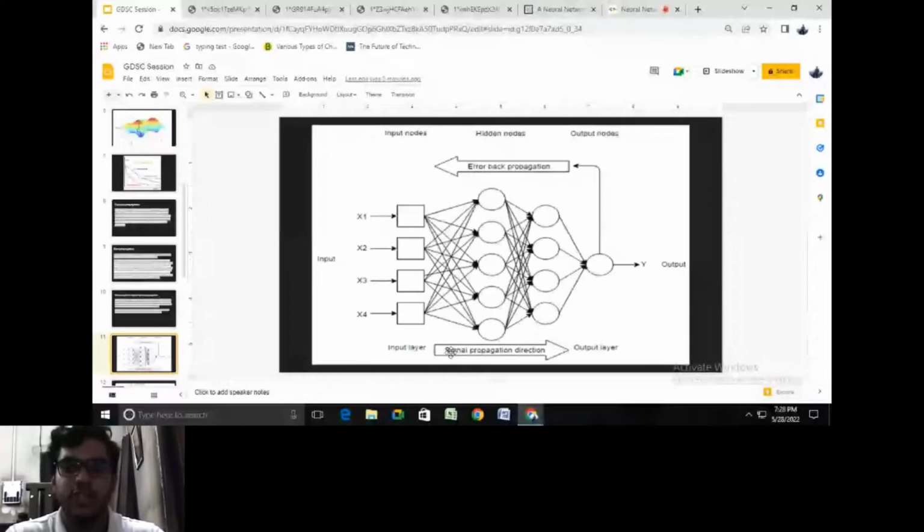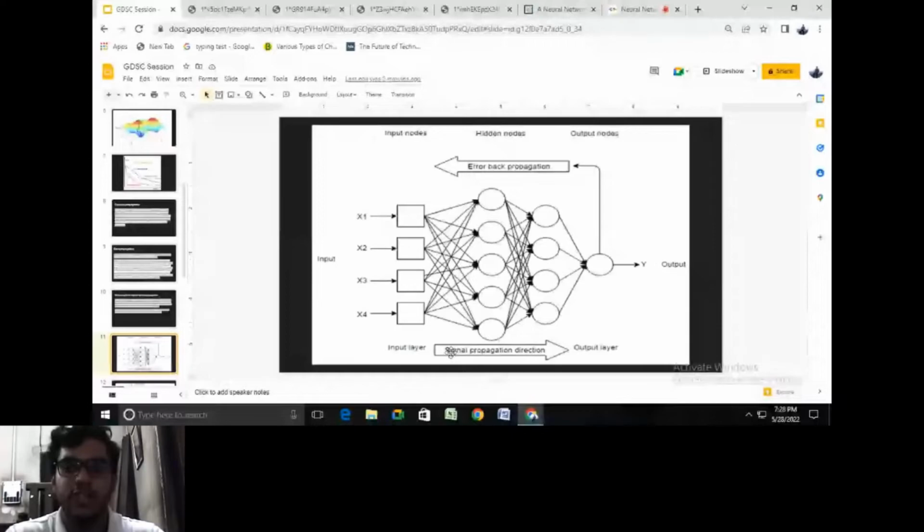The circles are called hidden nodes, the squares are called input nodes, and this last one is called the output node. The arrowhead in this diagram, shown in dark black, is towards the right. This shows forward propagation, and here we can see what backward propagation intuitively looks like.